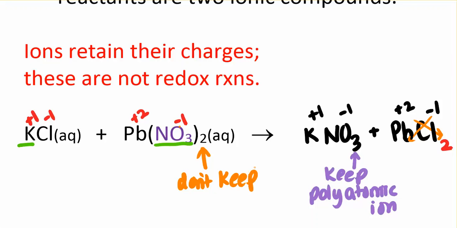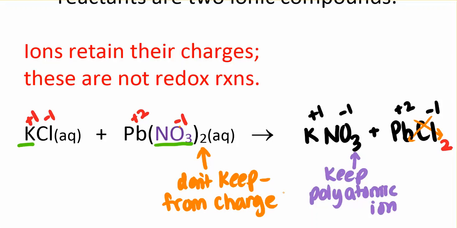And it's because that 2 came from this charge. That 2 is there because the lead had a +2 charge. Okay, so we'll be watching that.